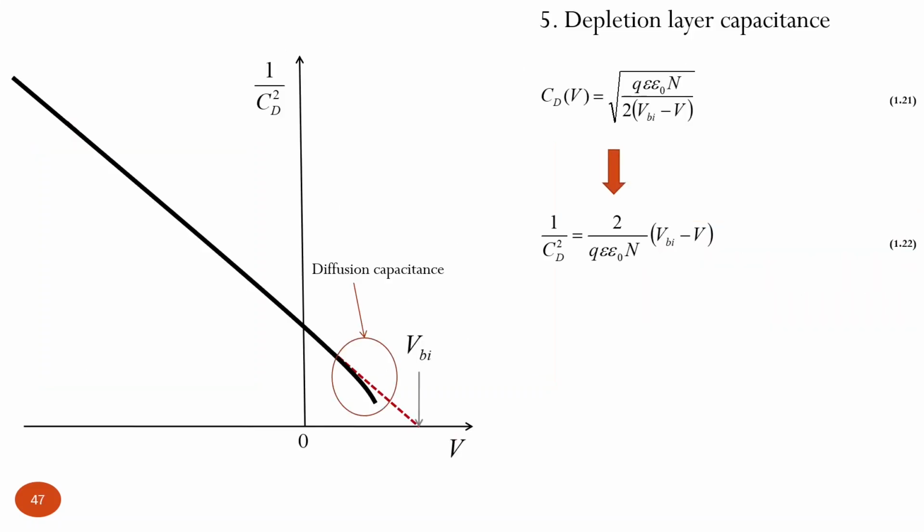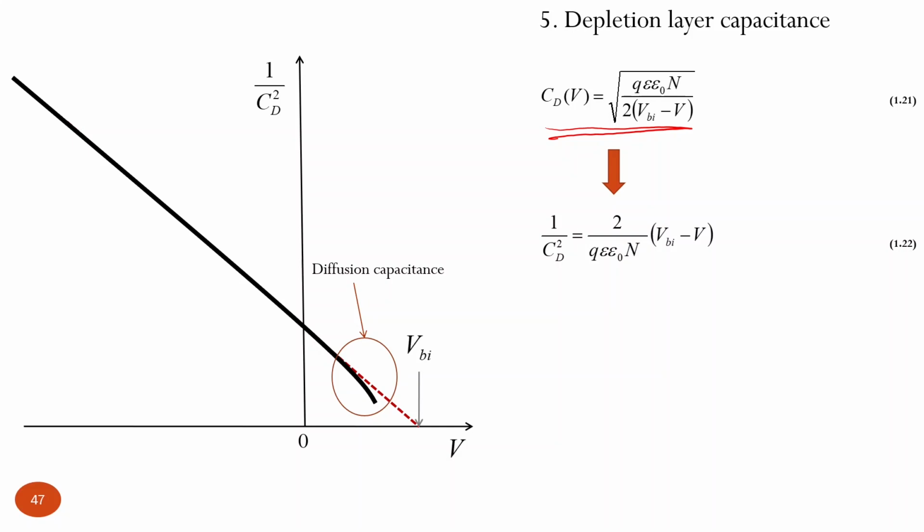So here we have the equation for the depletion layer capacitance of an asymmetrical p-n junction, when one side is heavily doped and the other possesses much lower doping concentration.